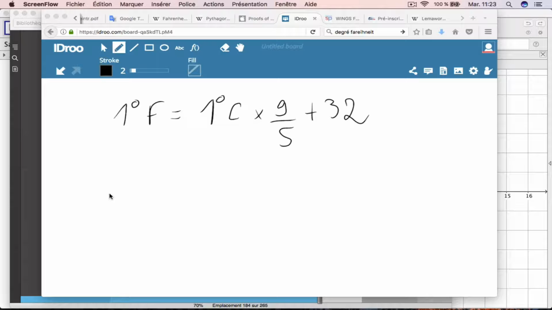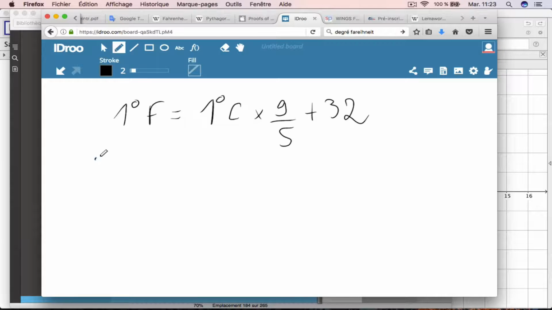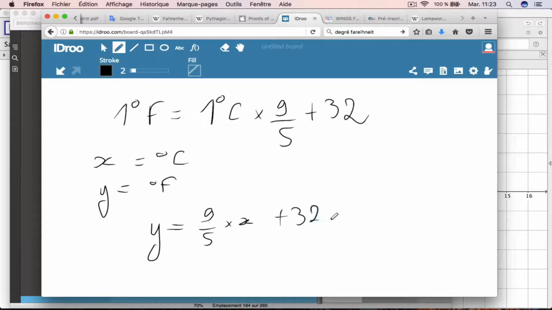So, if we've got x for degrees Celsius and y for degrees Fahrenheit, we can write a formula. Y equals 9 on 5 times x plus 32.